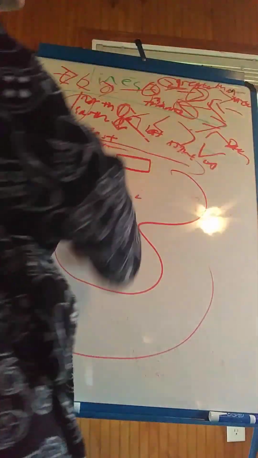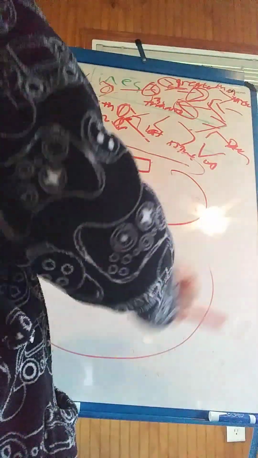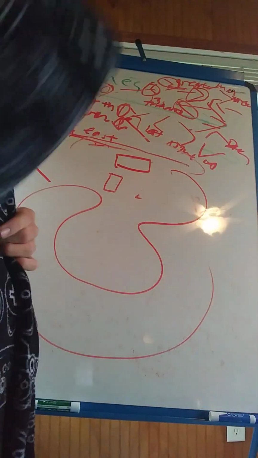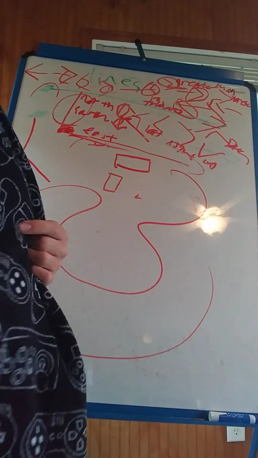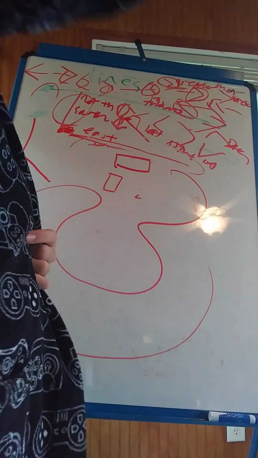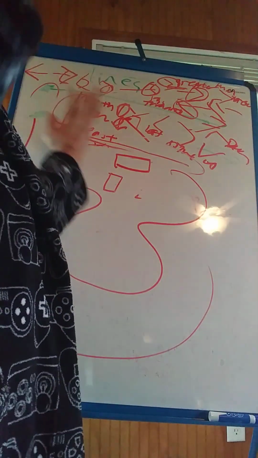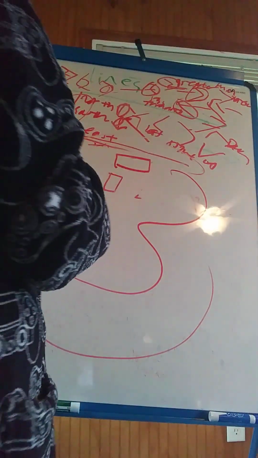Because it is a curvature, it just circles around and then up, like that. Kind of looks like a tail.